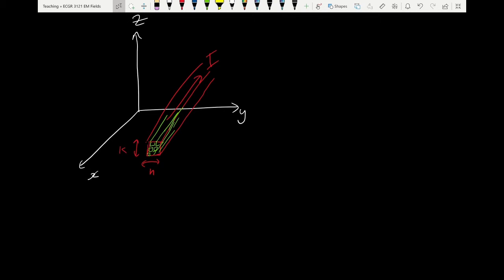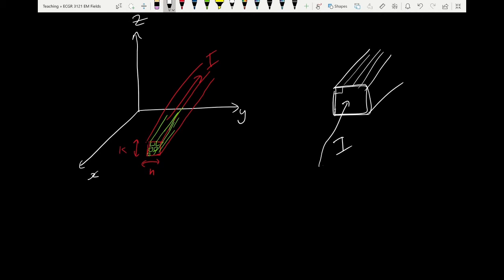Now this time around, the total current gets distributed along a cross-sectional area, right? So each of those filaments, like that.